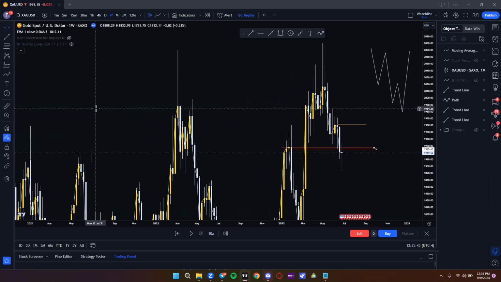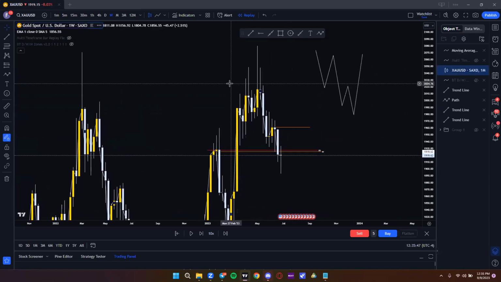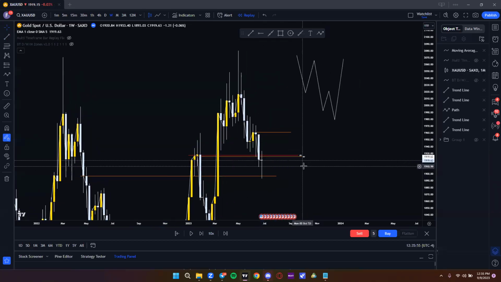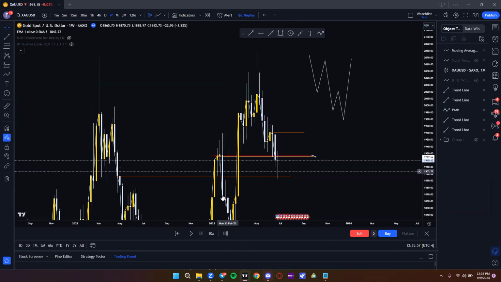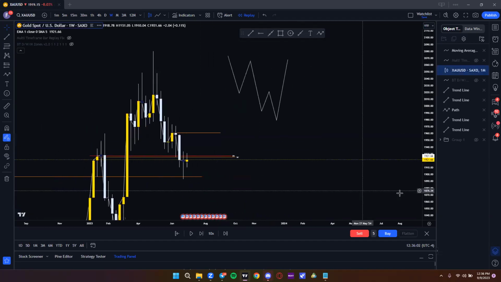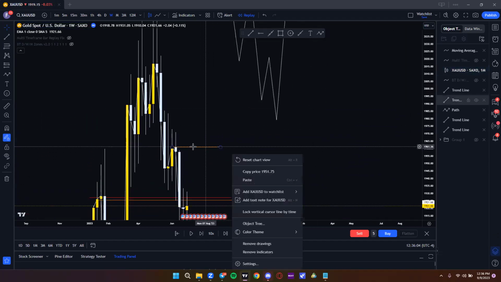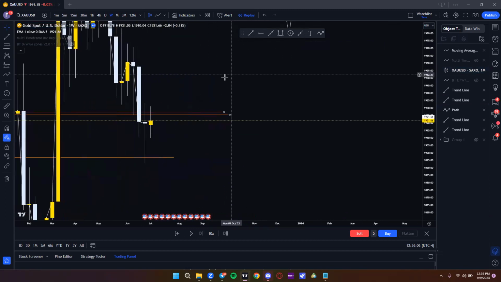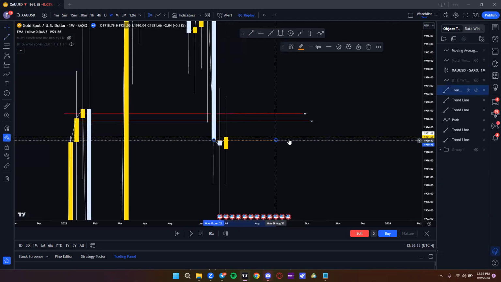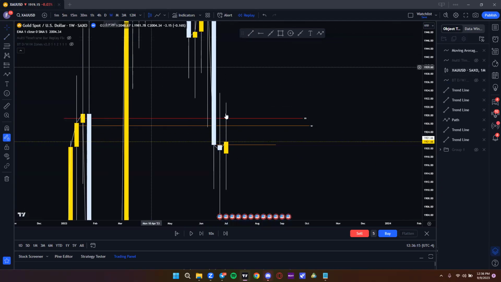Because after this specific breakout, it also rejected something here, and we're going to go over this idea in another class, another time. But it rejected here, and what happened was, if you look very closely, price created the type 1 on the weekly time frame.